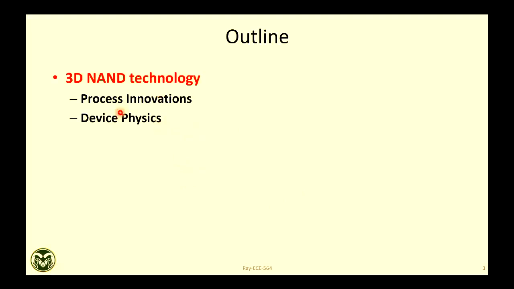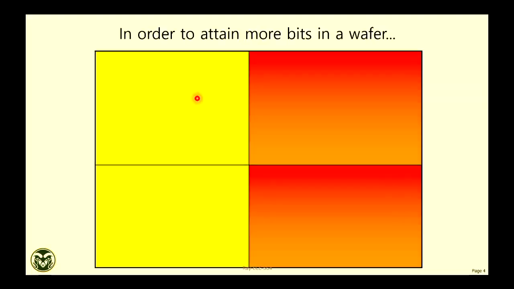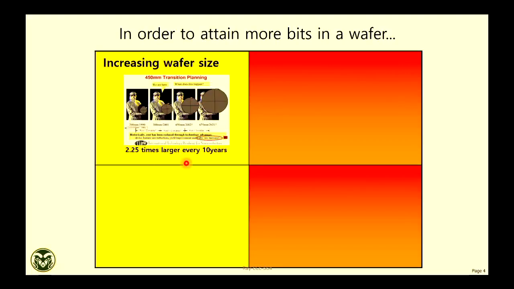So today's class, I'll talk about the key process challenges to make this 3D NAND technology and what the key innovations are. Okay, so now if you want to have more bits, what are the options you have? Suppose you want to pack more bits in a given area. One option is, you can have a bigger size wafer.